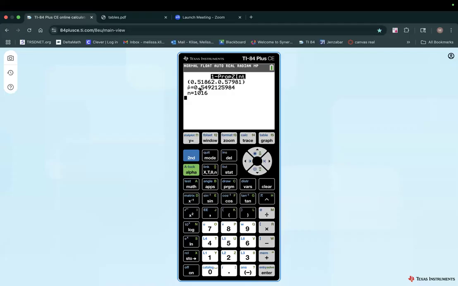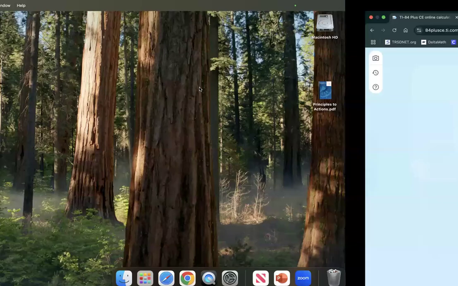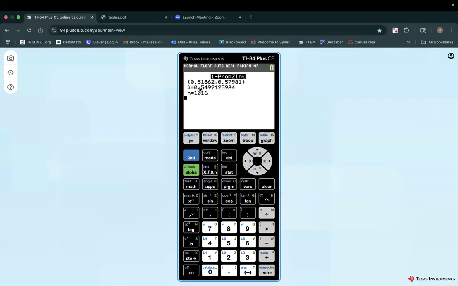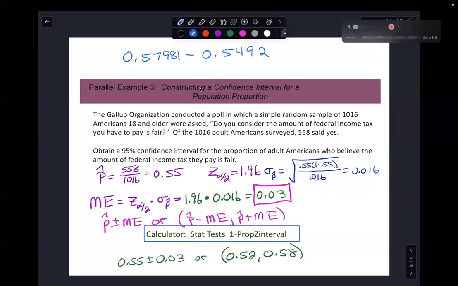So I'll do this on my other screen. So I would do, that was, let me see here, I'm going to take the numbers 0.57981. I know those numbers are a lot more than I used. 0.5492. Okay. So I'll do this up at the top of my screen.